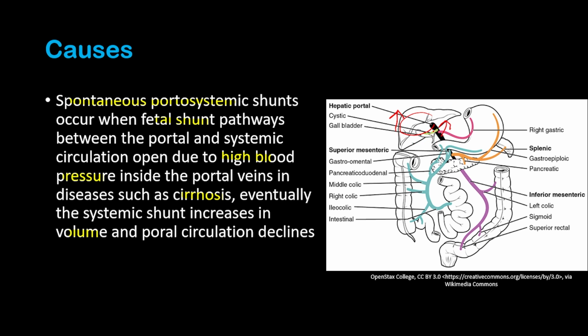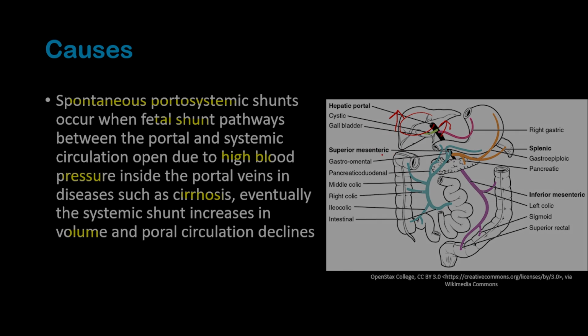So high pressure in the portal vein would lead to the opening of the spontaneous portosystemic shunts, such as the gastric portosystemic shunts, the gastrorenal portosystemic shunts, and the gastrocaval portosystemic shunts. And all of those bypass the liver into the systemic circulation.